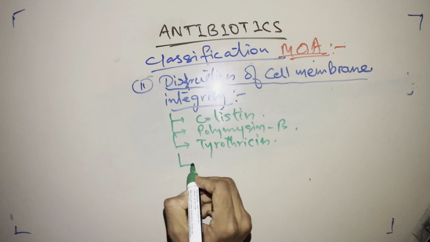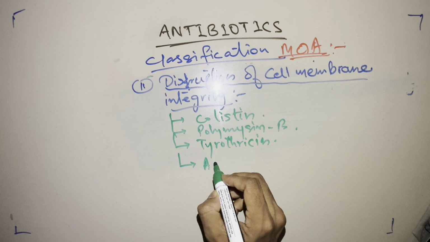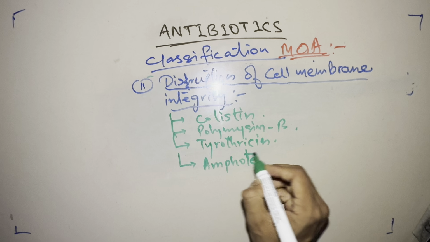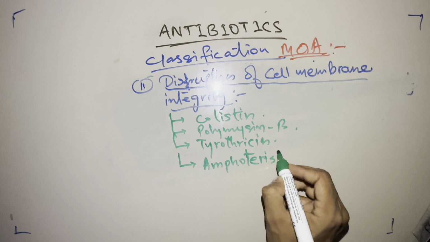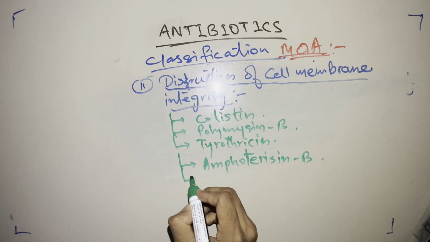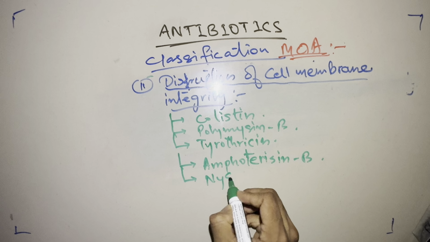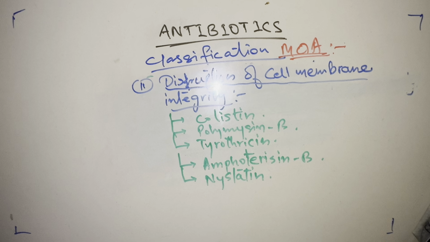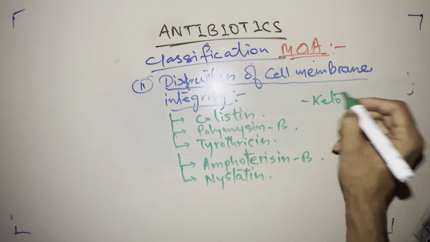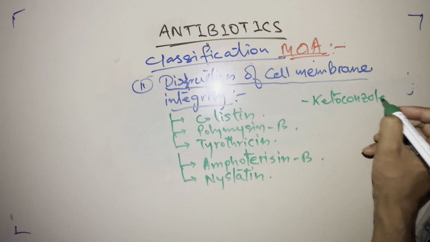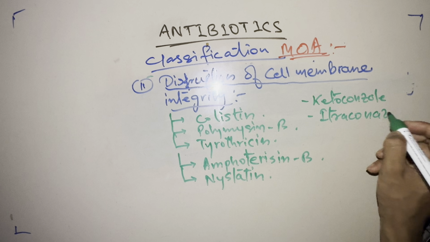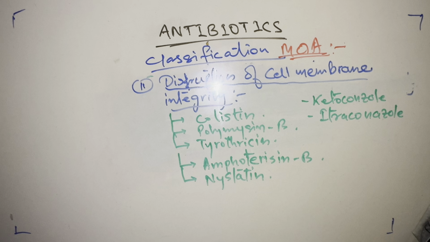Next, amphotericin B. Next, nystatin. Next, ketoconazole and itraconazole. Already I told you these all are antifungal agents, and this shows disruption in cell membrane integrity.